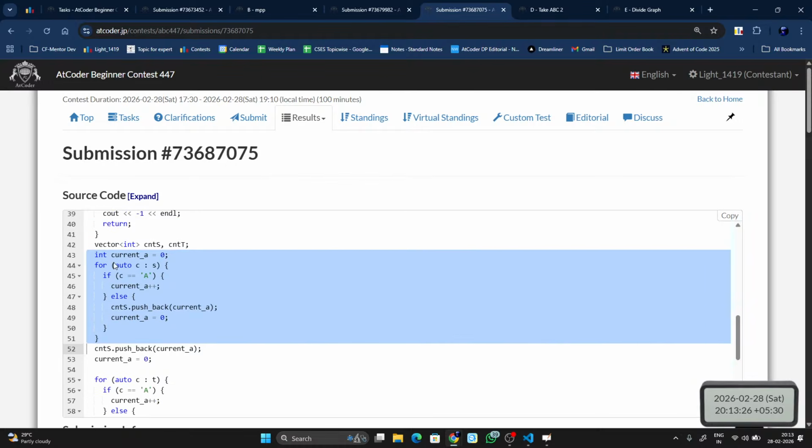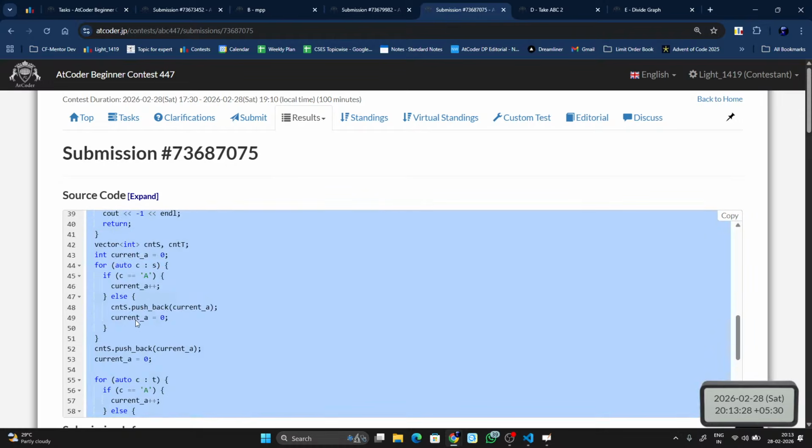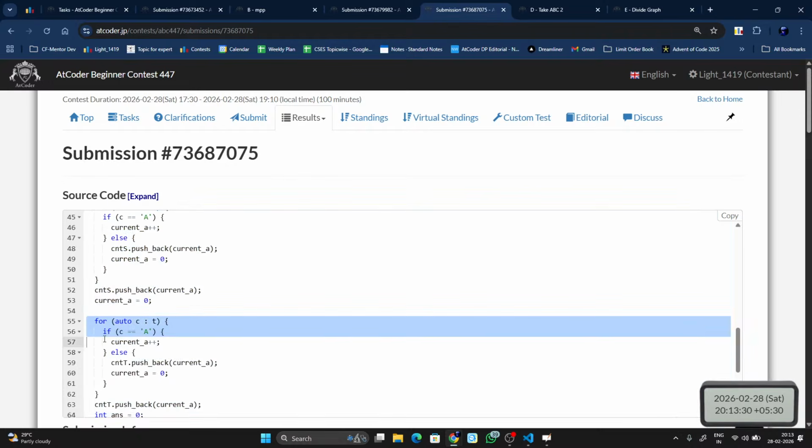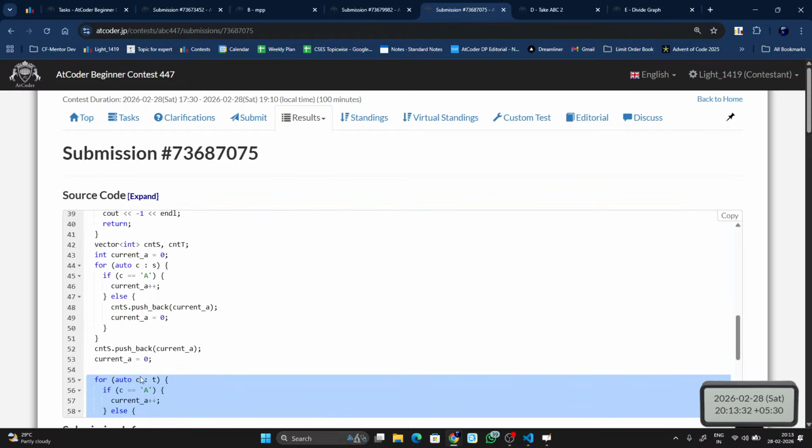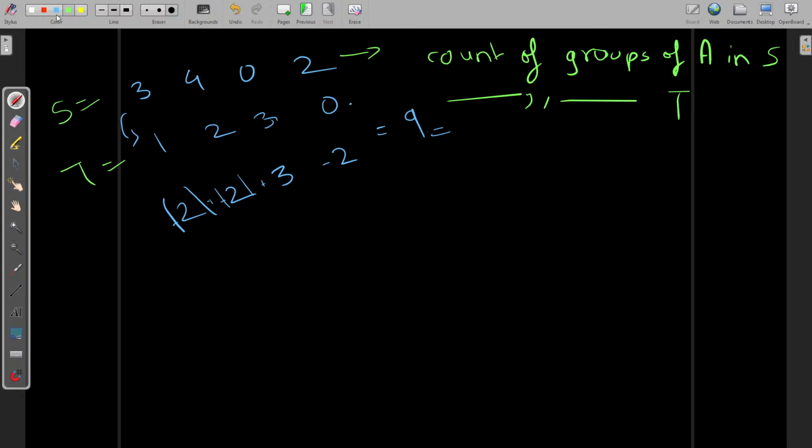I have created a simple for loop which will help us do that, and I have used the same method for the second string. So let me show you that method.